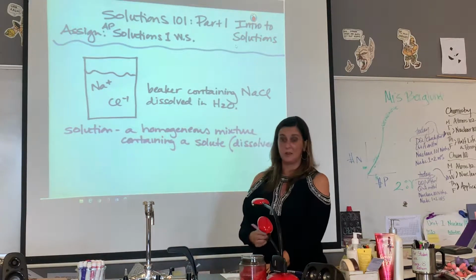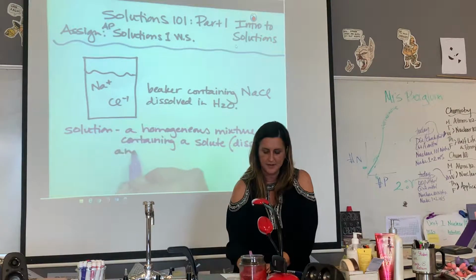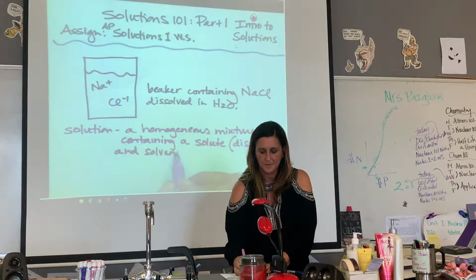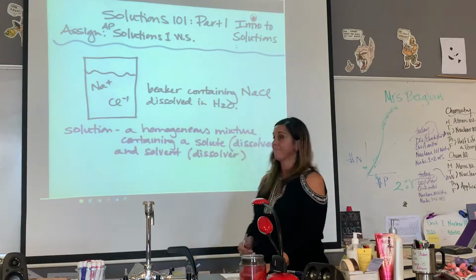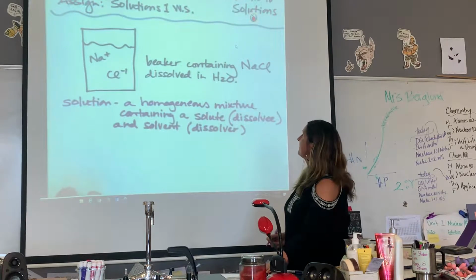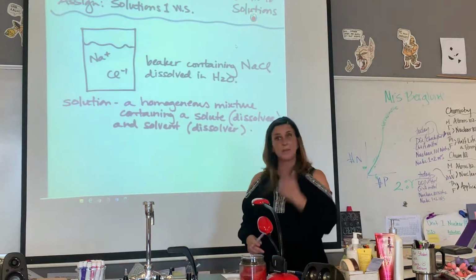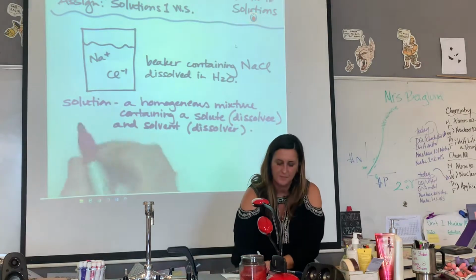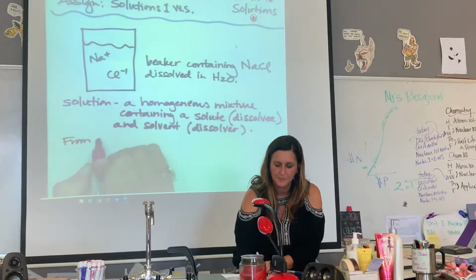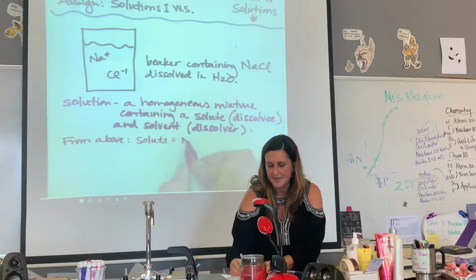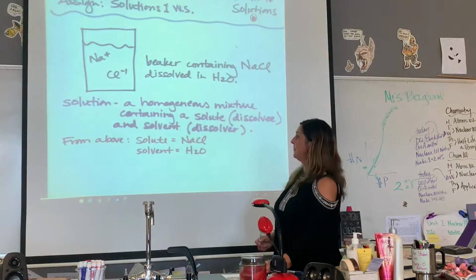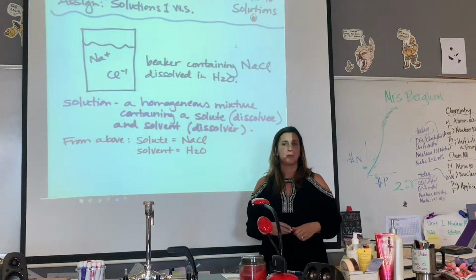So I'm going to call that the dissolvee, and a solvent, and the solvent is the dissolver. Okay, so in our example from above, the solute is NaCl, and the solvent, you probably figured out, is water, liquid.